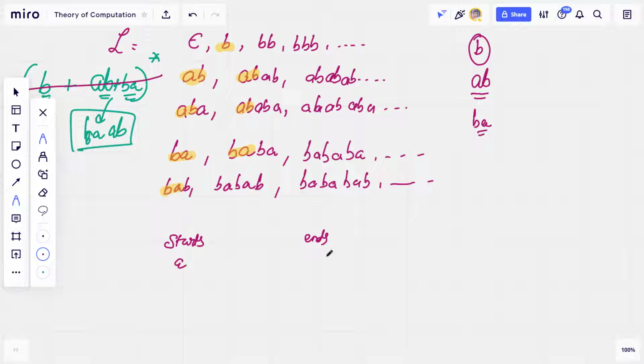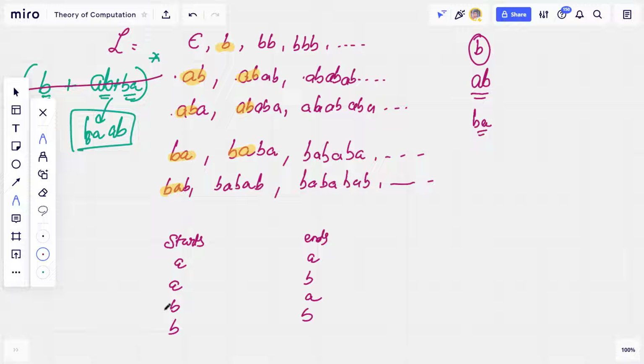It starts with A, ends with A. It starts with A, ends with B. It starts with B, ends with A. It starts with B, ends with B. What are the strings that start with and end with A? AB, ABA, or this whole class of strings. And these are the set of strings that start with and end with B: AB, AB, and there are no B's after that. That's not an issue.